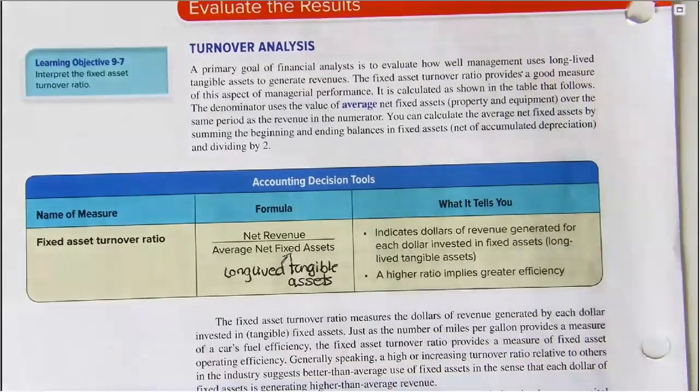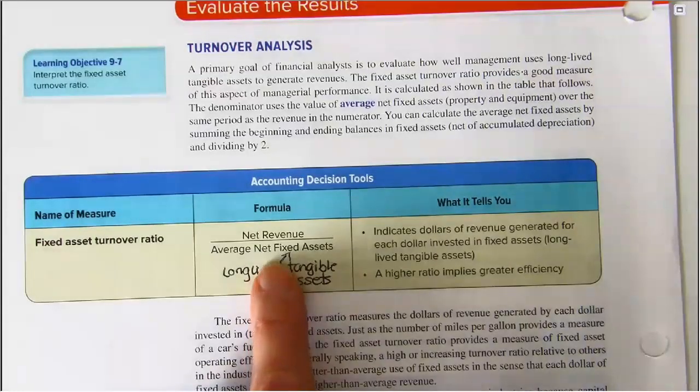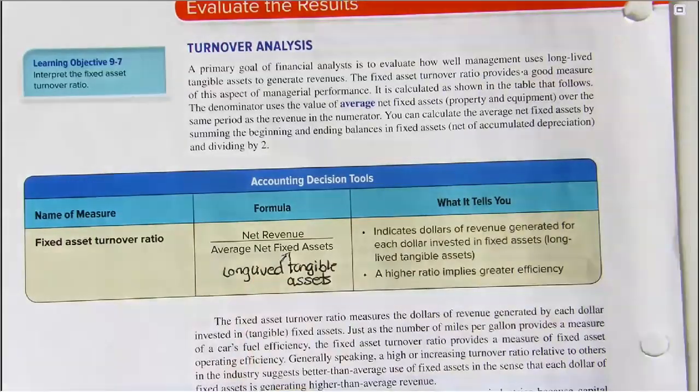Now, if you're a manager, what you should do is, if you are not using long-lived tangible assets, you've got no use for them anymore, sell them, get rid of them. Don't keep them hanging around because they're going to end up in the denominator of that fraction. And the bigger the denominator or bottom of that fraction, the lower your turnover ratio is going to be.